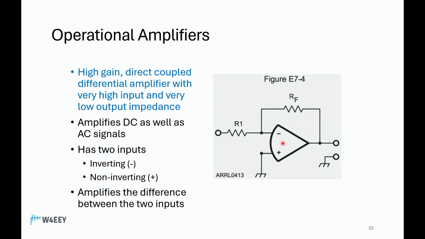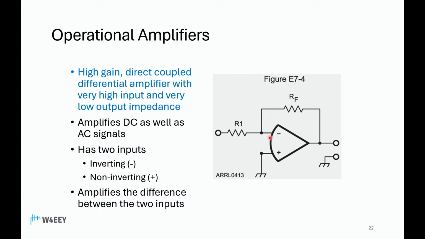By high gain, operational amplifiers can have up to 1 million times output to input. Very high gain. Now, direct coupled means that a DC voltage at the input will have something to do with the DC voltage at the output. Remember, in our common emitter amplifier, we had coupling capacitors going into it and coming out of it. In this case, the signals are direct coupled internally.